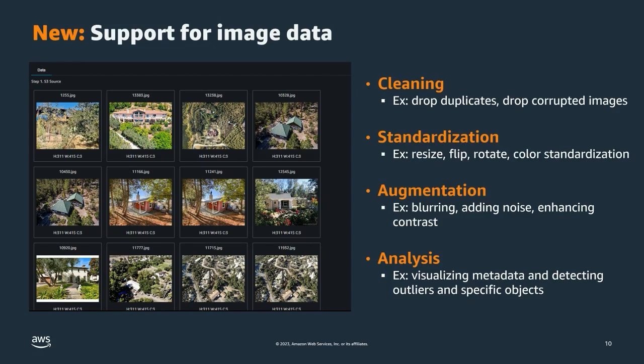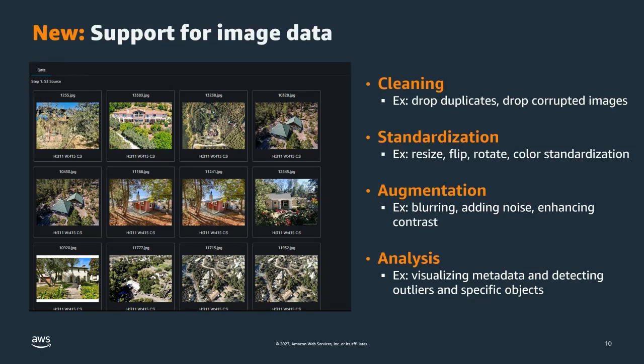So first is support for image data. We recently added support for image data within Data Wrangler. You can see here the ability to import and preview a set of images from an S3 data source. We also offer all of the common built-in transformations for folks who want to use image data for CV use cases.